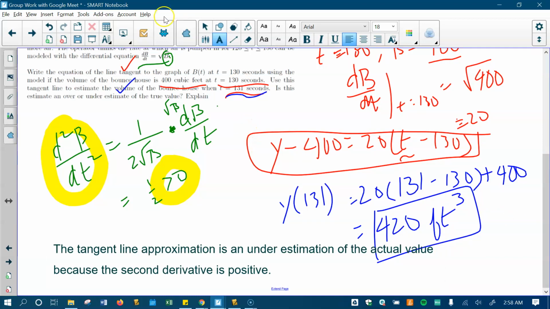Tangent line approximation is an underestimation of the actual value because the second derivative is positive. That's all you need to say.